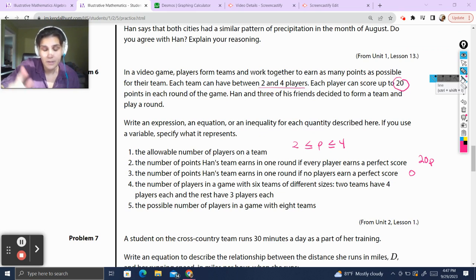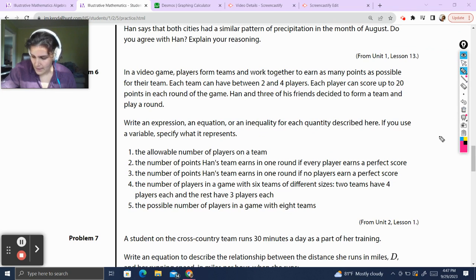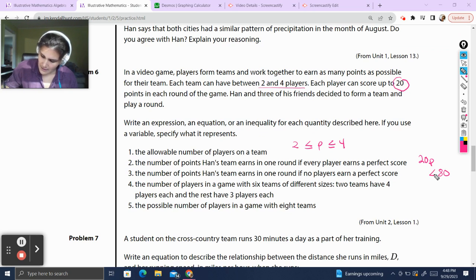Well, pause. Let's rethink this, because 0 doesn't really make sense in this case. If no player earns a perfect score, that doesn't necessarily mean they earn no score. So I immediately read that and said, oh, it's no score. But let me look at this question again. If no player earns a perfect score, what that means is that 80 would be a perfect score if all 4 players earned a perfect score, and then we would have less than 80.